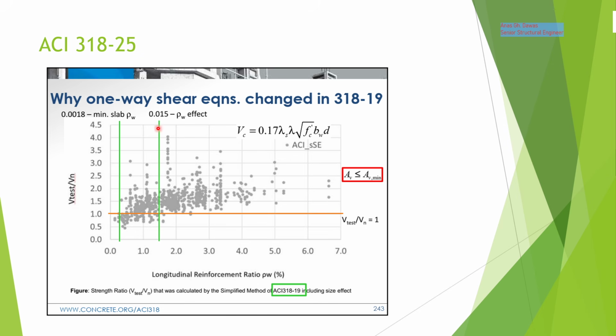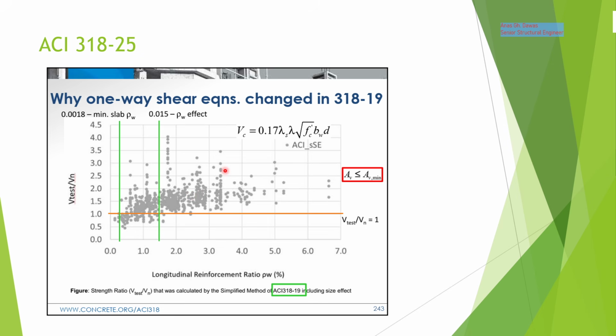In many tests done in the past, the ACI team, I will say, were providing a high ratio of flexural reinforcement to push the samples to fail on shear, not on flexure.